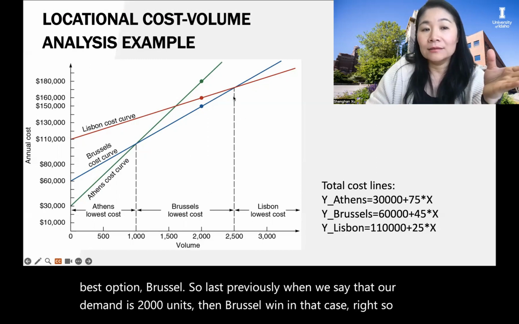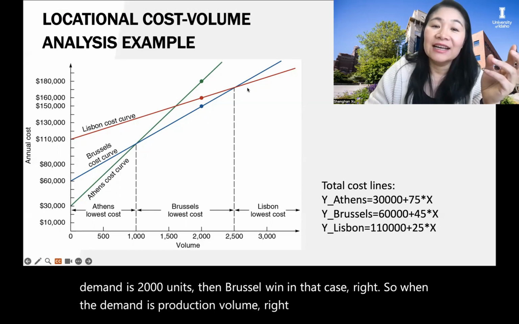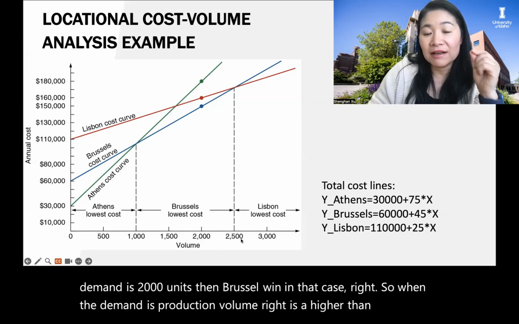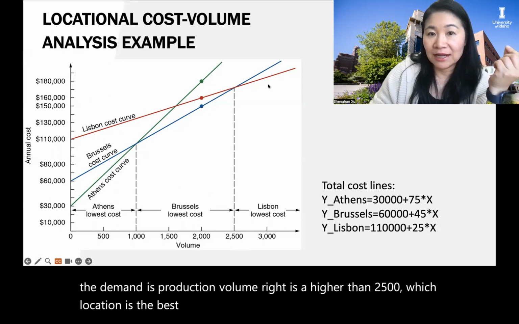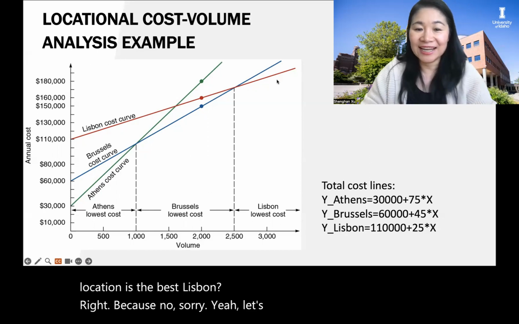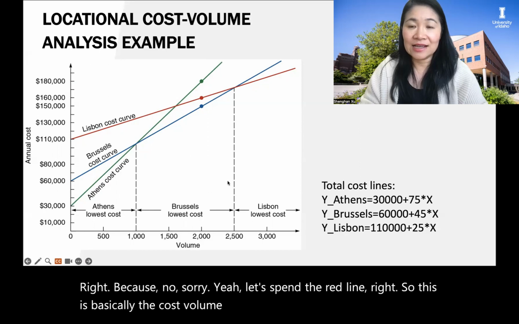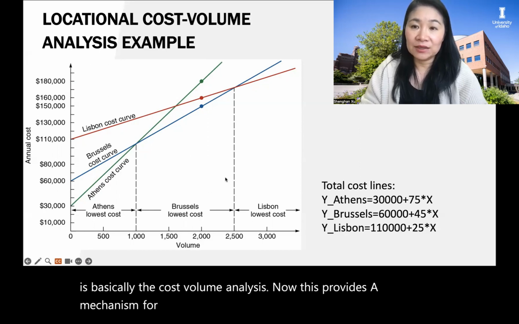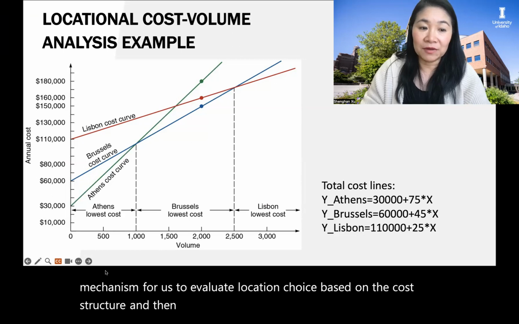When the production volume is higher than 2,500, which location is the best? Lisbon, the red line. So this is basically the cost volume analysis. This provides a mechanism for us to evaluate location choice based on the cost structure and the production volume.